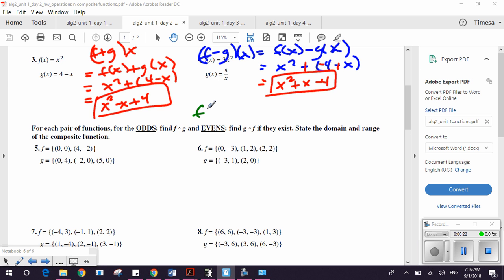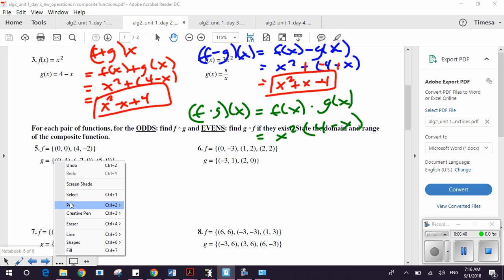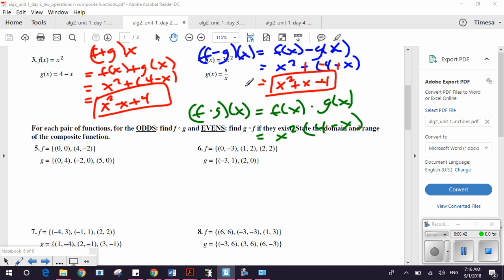Now we'll do f times g of x, f of x times g of x. So x squared times 4 minus x. So now we distribute x squared.